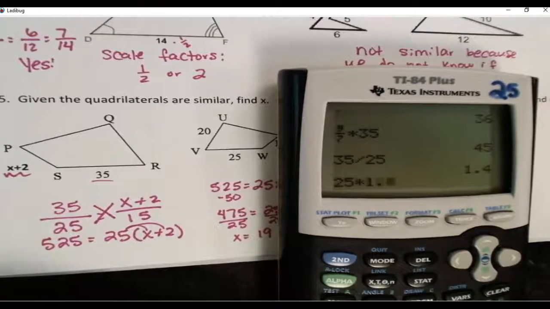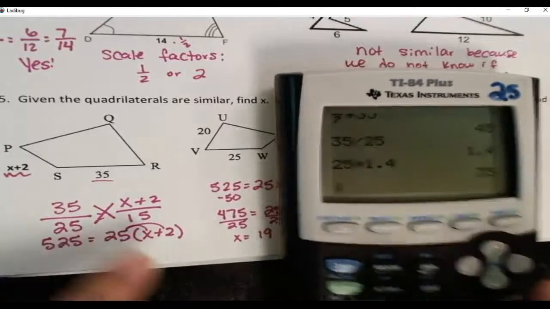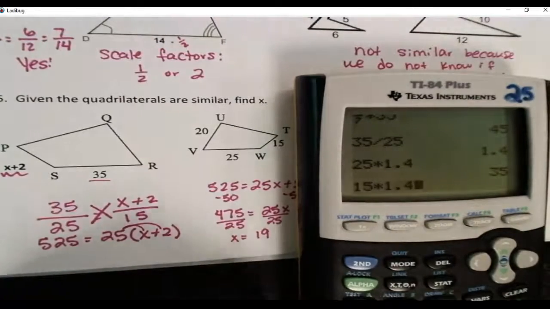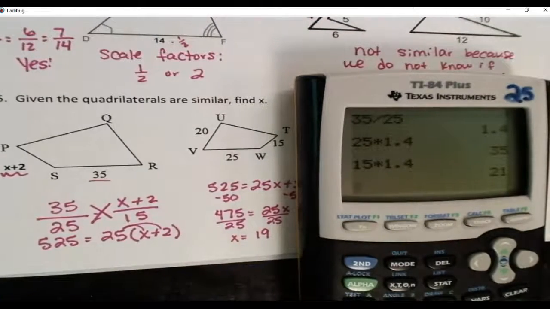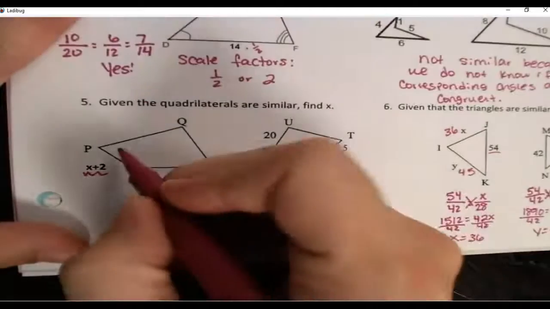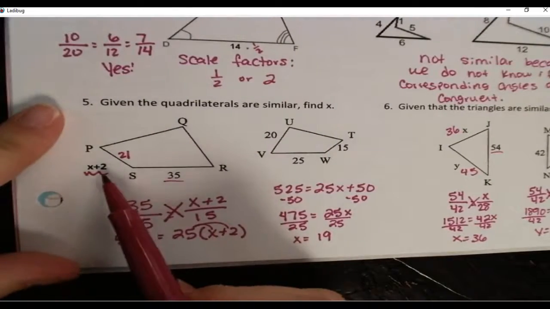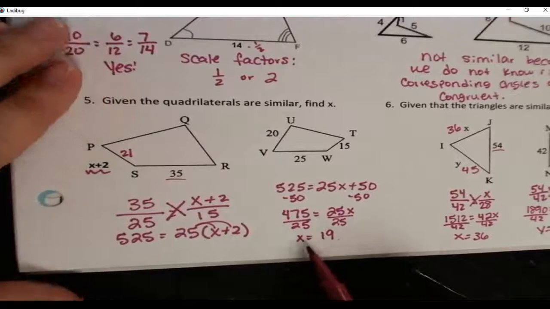So 25 times 1.4, there's my 35. Well, if I'm looking for x, I've got that 15 times 1.4 gives me 21, which is the side length, but since we want x, we would have to do 21 minus 2 to get our x of 19.